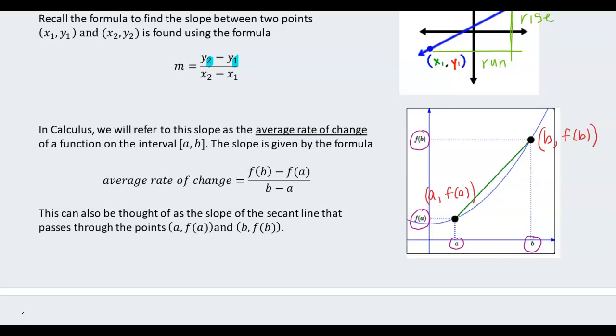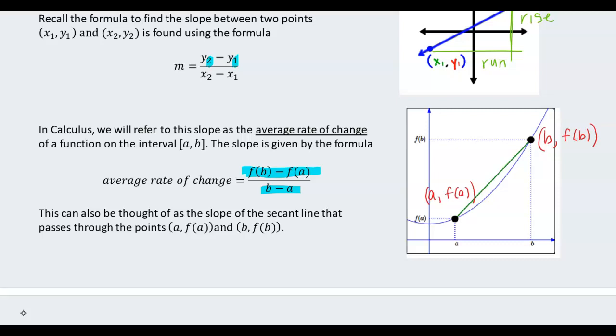So extending the idea from above of finding the slope of this line, we're finding the difference in the y values, that's going to be this part, versus the difference in the x values, which is this part. This is just a more formal definition of finding a slope, or what we're calling the average rate of change.